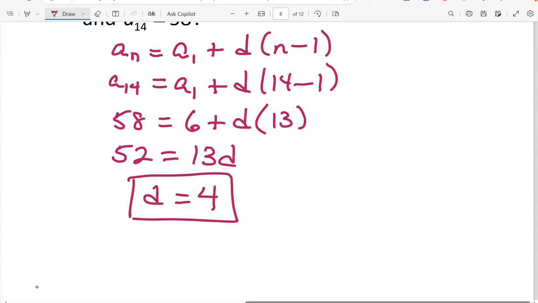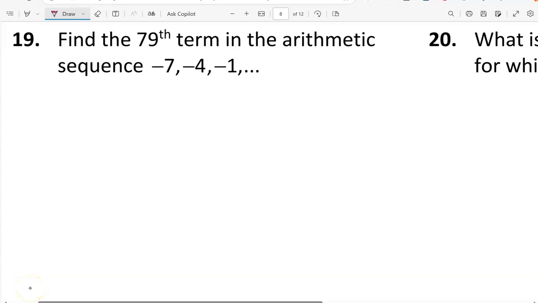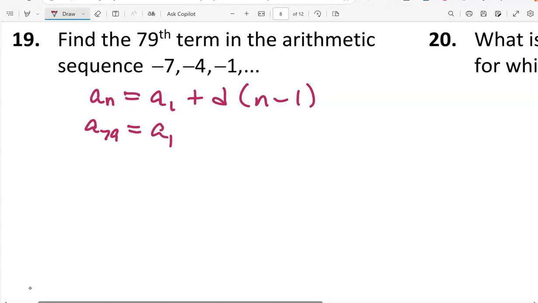In number 19, we have an arithmetic sequence, and so a sub n is equal to a sub 1 plus d times n minus 1. We are asked to find the 79th term, so we are replacing n with 79.